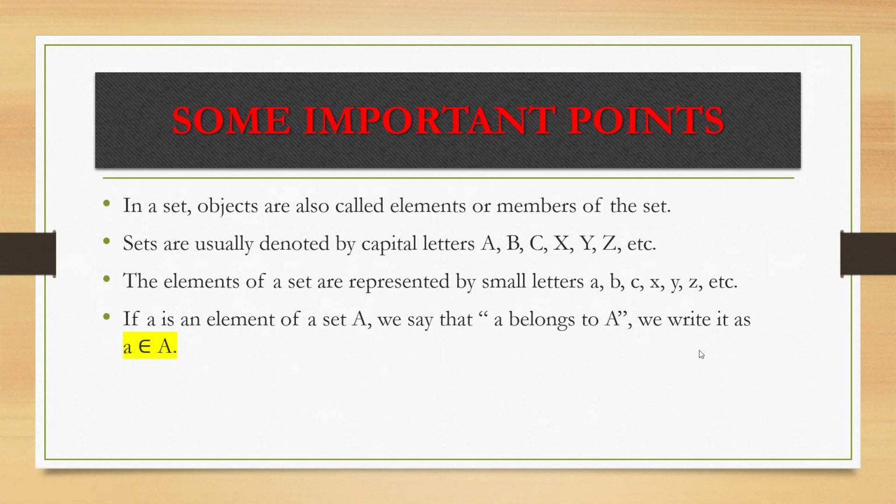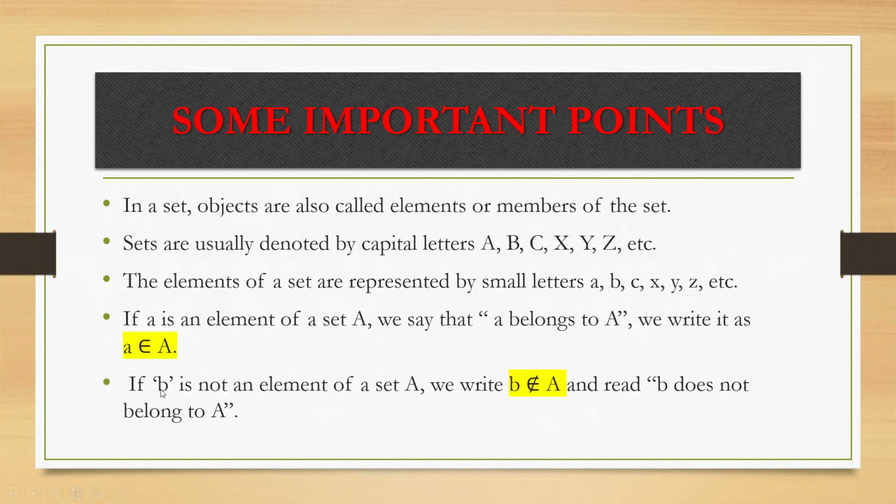Clear? And at the same time, if b is not an element of the set A, then we use the notation b belongs to A, and we put a cross on that symbol. And it is read as b does not belong to A. Clear?